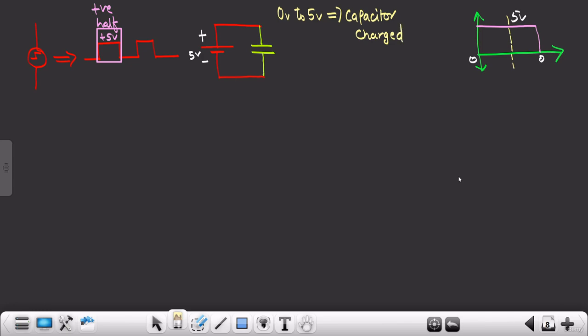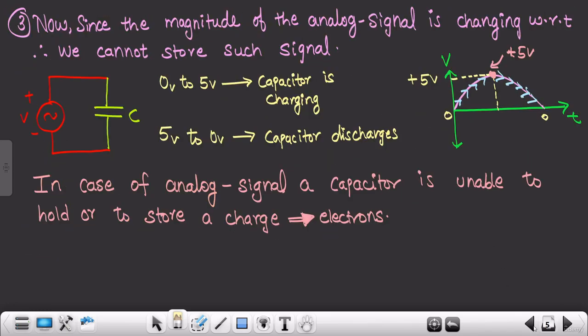Over here the same thing was happening, but over here the capacitor is charging, it has not charged. Why? Because at time t equals 0 seconds, obviously the charge on the capacitor would be 0. At time t equals 0.1 seconds, since it is giving 0.1 volts, the voltage on the capacitor would be 0.1 volts, right?